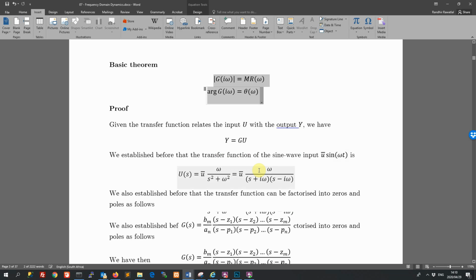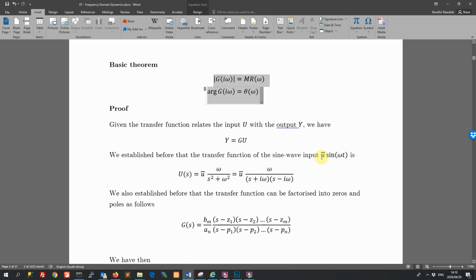And that's elaborated here. We established earlier that if u is ū sin ωt, then u of s is going to be ū ω over s² plus ω². And we can separate this out as (s plus iω) times (s minus iω), right? By virtue of the imaginary number.